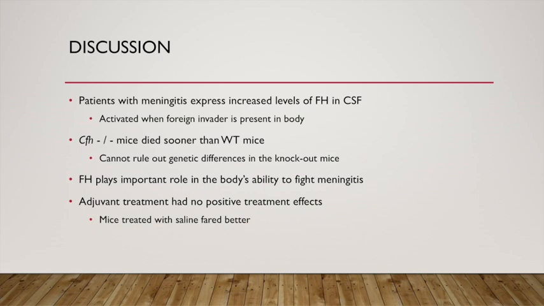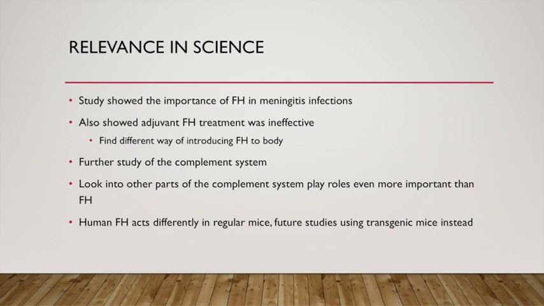We simply don't know. And that brings me to my last point, which is the relevance in science. The study did show the importance of factor H in meningitis infections, which leads me to think that it is very important in other bacterial infections, perhaps even viral infections. I do not know.